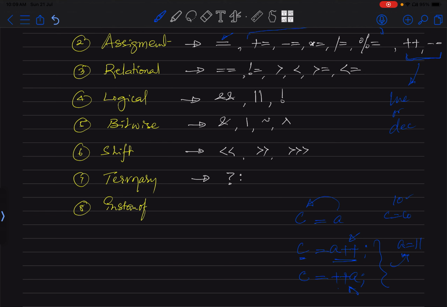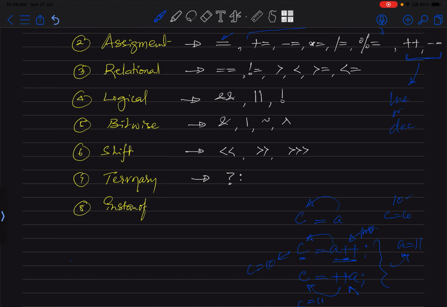Plus plus a means the value of a is incremented by 1 and then the result is assigned to c, so c becomes 11. In the previous case, it is a post increment, so the value of a is assigned to c first and then incremented. So c becomes 10.